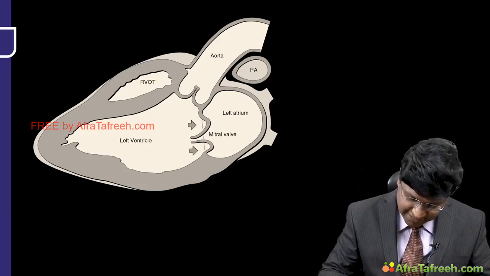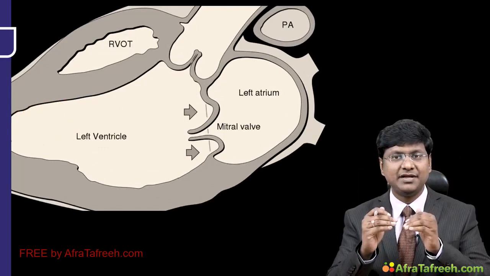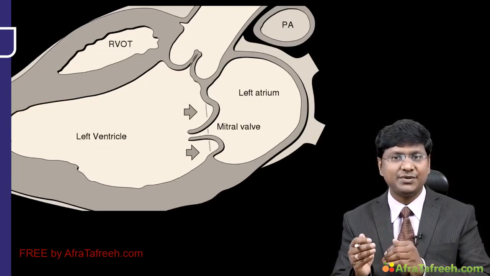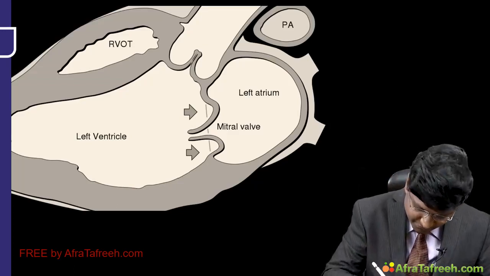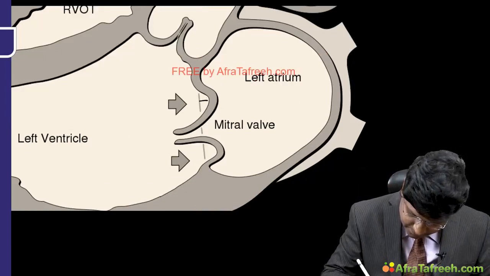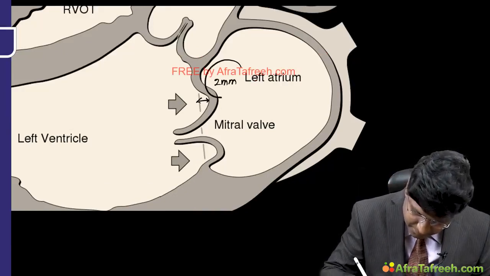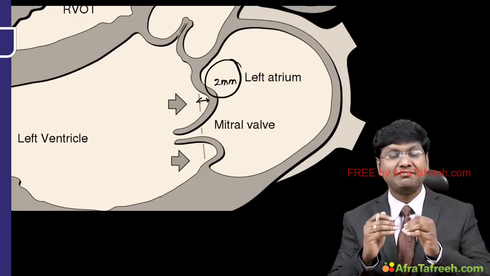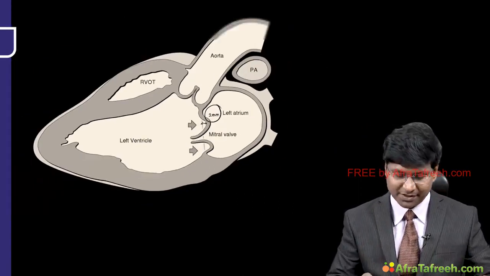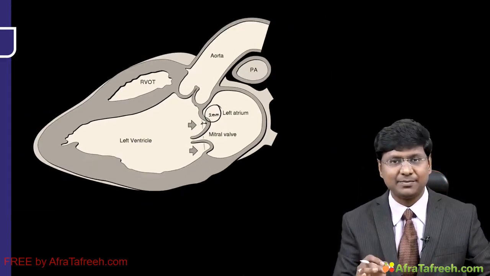Once they prolapse into the left atrium, the distance between the mitral valve annulus and the cusp which has bulged into the left atrium should be 2 mm. The cusps have to bulge into the left atrium from the mitral valve annulus by 2 mm. That is a very important criterion to call it mitral valve prolapse.